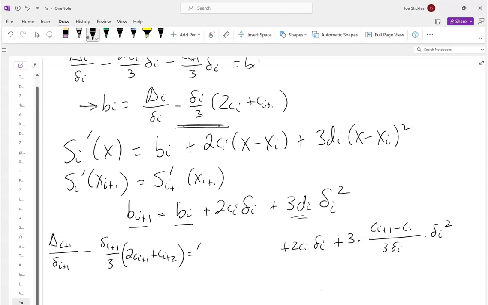We'll have capital delta sub I over little delta sub I minus little delta sub I over 3 times 2c sub I plus c sub I plus 1. Good news is we're going to go through all of this, and we'll never go through it all again. We're going to set things up. I just want to show you where everything's coming from.